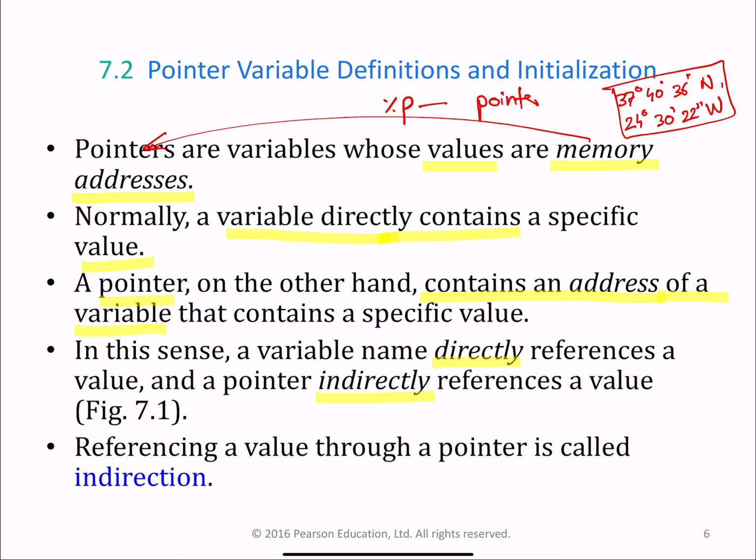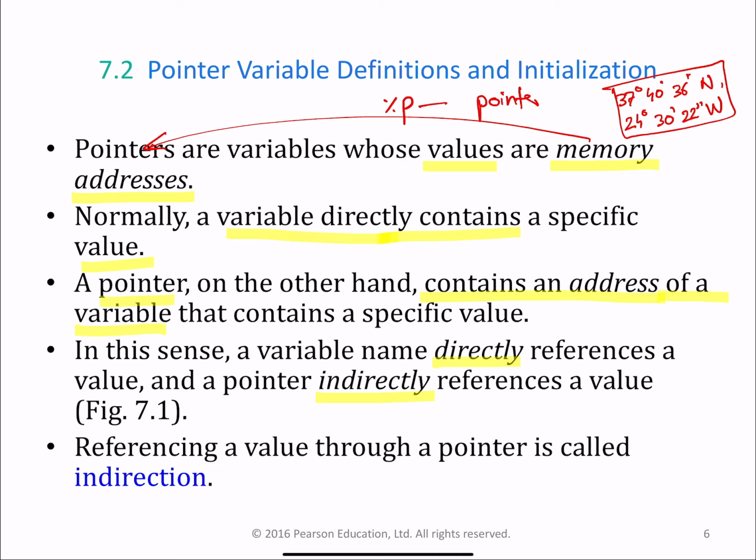But a pointer is a kind of variable that stores an address of some other variable, or sometimes of a data structure. We'll get to data structures later, but for the moment you can think of it as the address of some variable that exists somewhere else in your computer's memory.